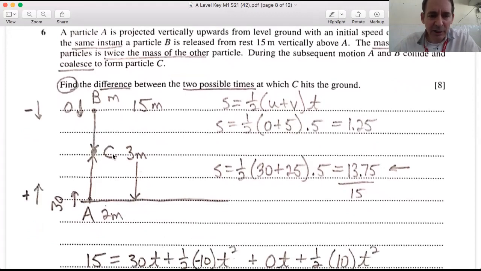When they coalesce, m plus 2m is now 3m. This m is not meters; the m up here in 15m is meters, how high it is. This m is the mass of C, and then it falls back to the ground.